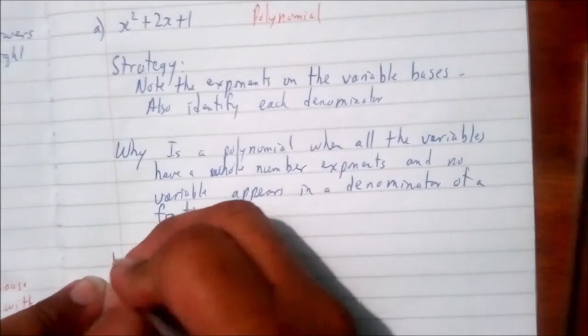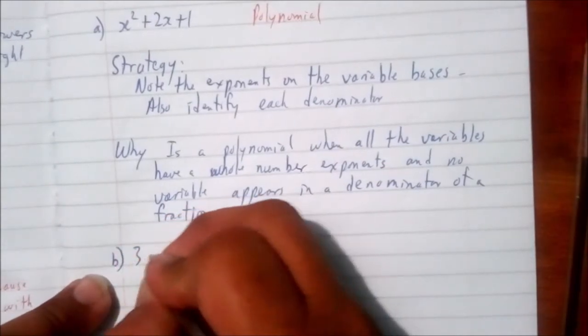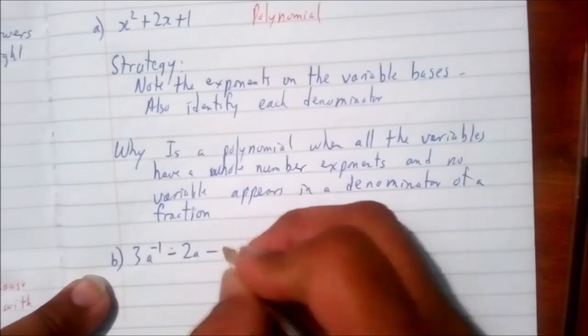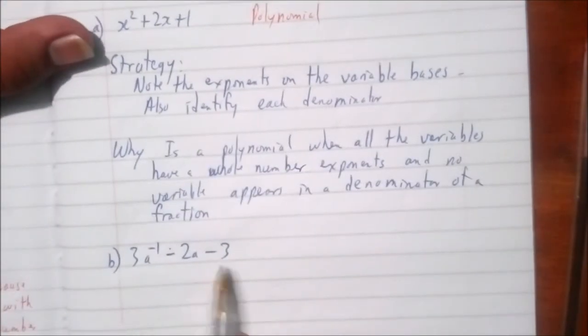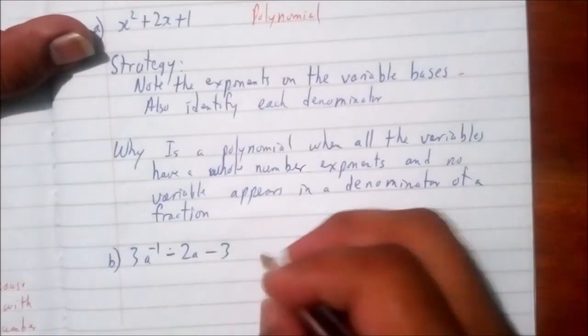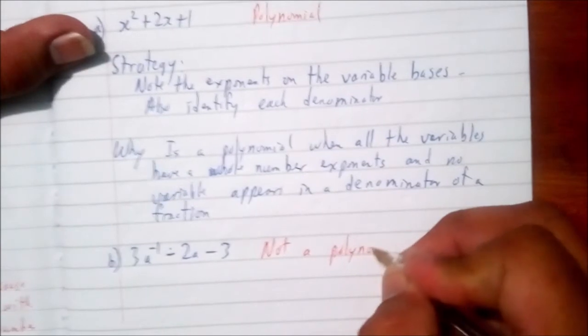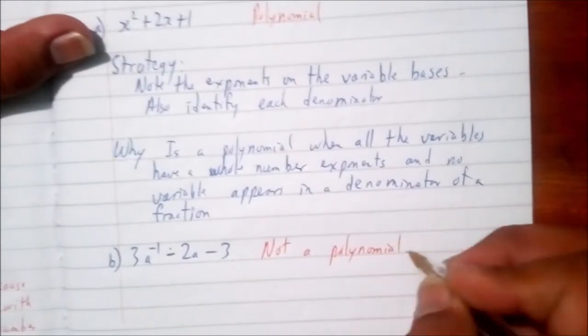B, 3a negative 1 minus 2a minus 3. This here is not a polynomial. Let's see why.